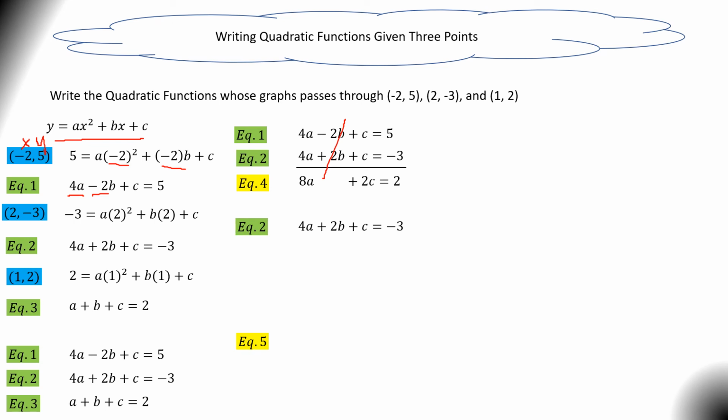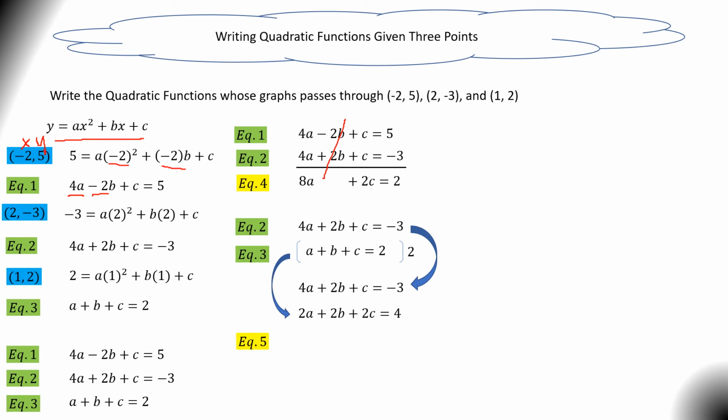Then, equation number 2 and equation number 3. So, mapapansin natin, equal po ang c values natin. So, ima-minus lang po natin yan or i-multiply natin by 2 para maging same dahil para po ma-cancel natin si b.